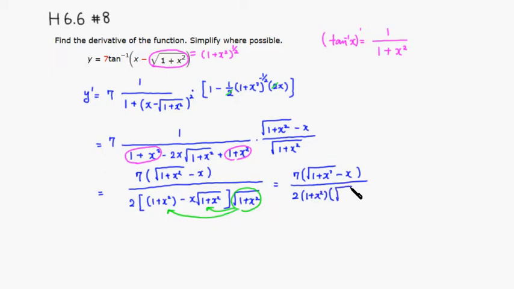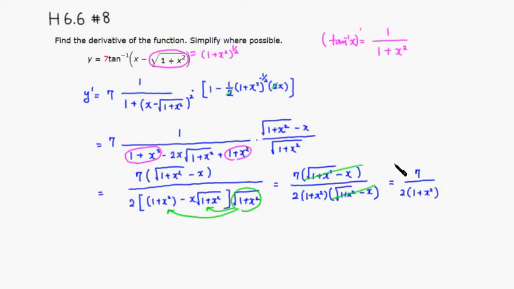So you would have square root of 1 plus x squared. For the second term, square root of 1 plus x squared times itself is 1 plus x squared. So what's left is negative x. Now you can see that we can cancel this with that. So that's why you end up with 7 over 2 times 1 plus x squared.